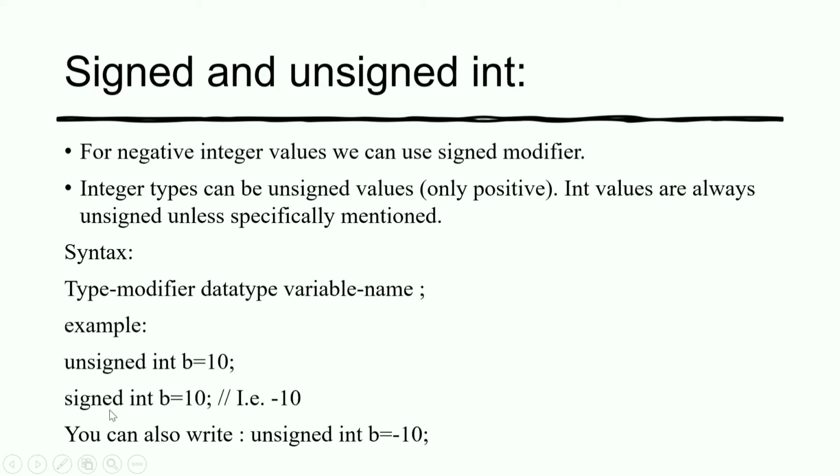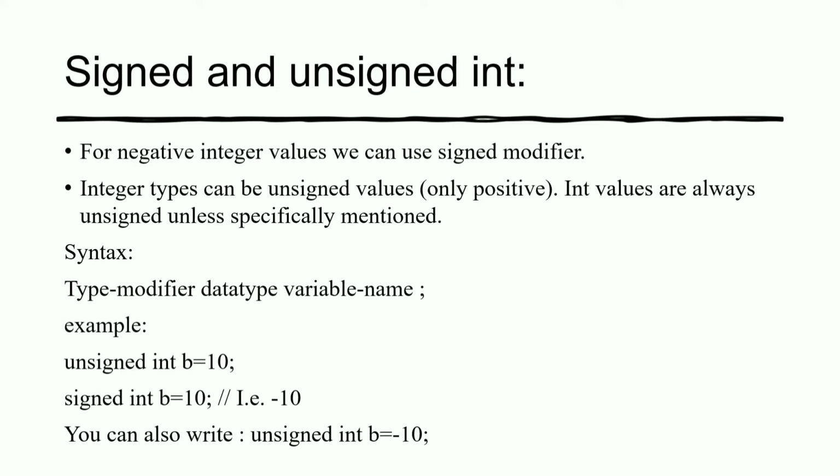Then signed int b is equal to 10. This 10 will be a negative integer because we are using the signed keyword here. So as integers are of positive type, negative type and 0, we can use signed or unsigned int to specify which type of integer we are using.